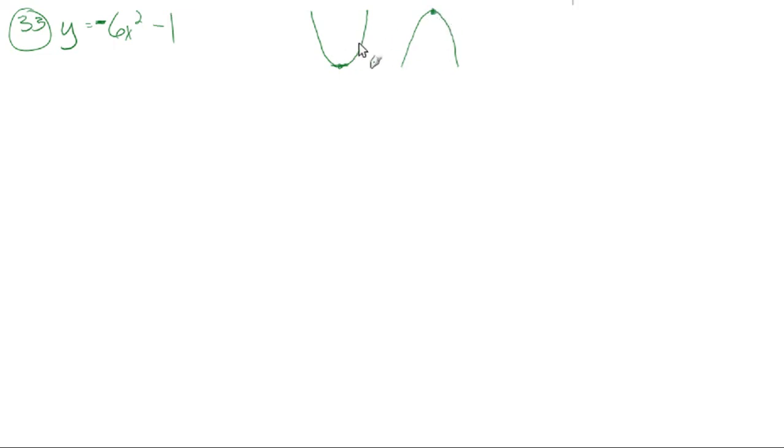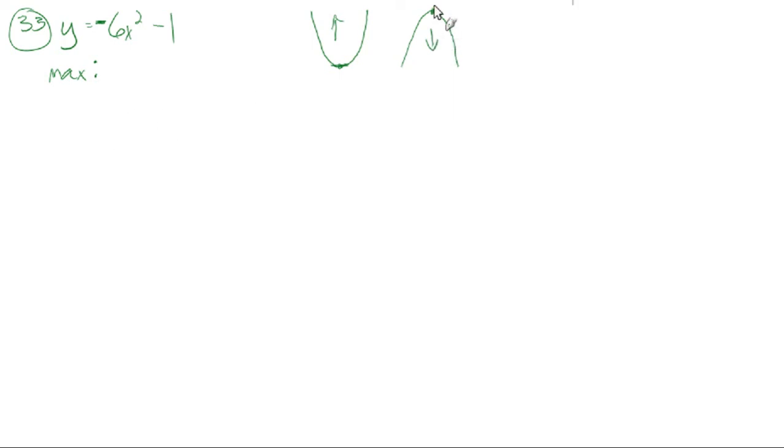So whether it has a minimum or a maximum is just, is it opening up or is it opening down? Well, the negative in front of the x squared, the negative a, tells us that it opens down. So it definitely has a maximum. There's a point at the very peak that is the highest point. Where is it? That's what we need to find.